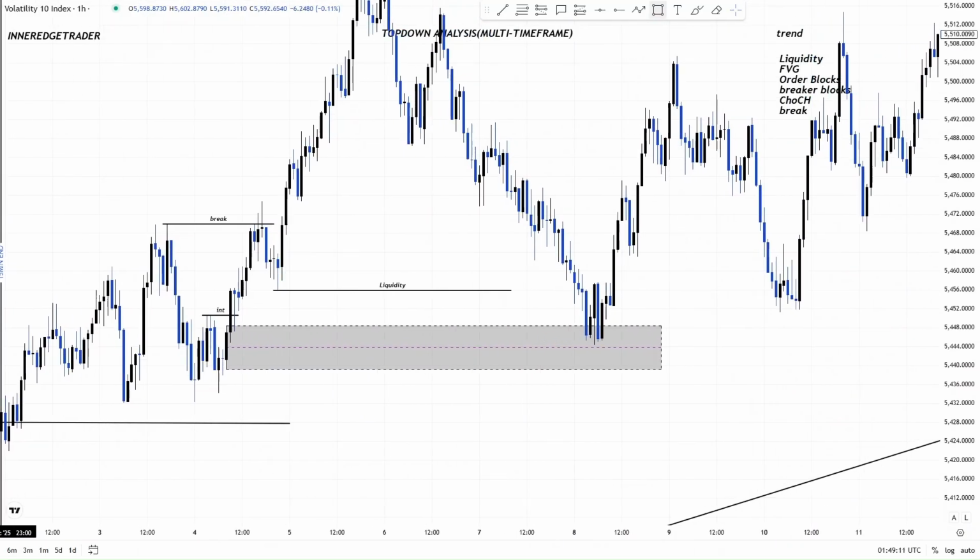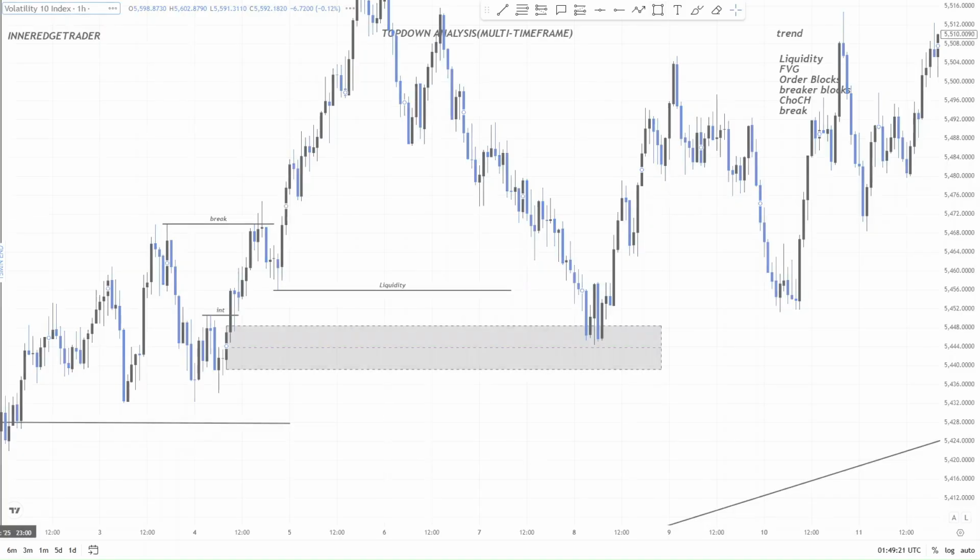Now after the liquidity sweep, or in the liquidity sweep, you go on the 15-minute time frame to confirm your entry after the 15-minute sweep.